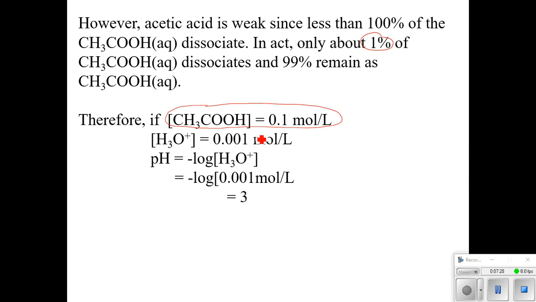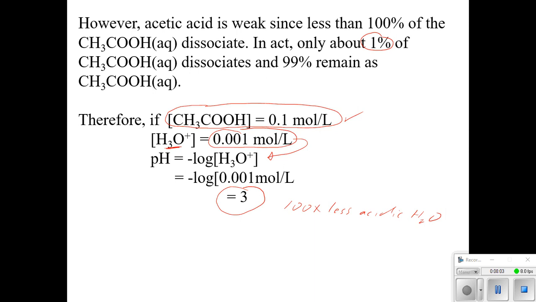So when we take a look at the hydronium ion concentration, it's only 1% of the acid concentration, which is this. This is 1/100th of that. So now when we take this number and plug it into this equation, well, we get a pH of 3. So again, 100 times less acidic than the hydrochloric acid. They started off with the same concentration. What is the difference? One is strong, one is weak.